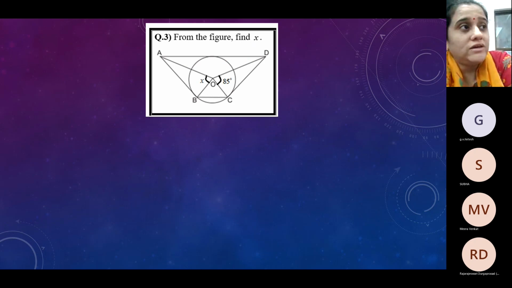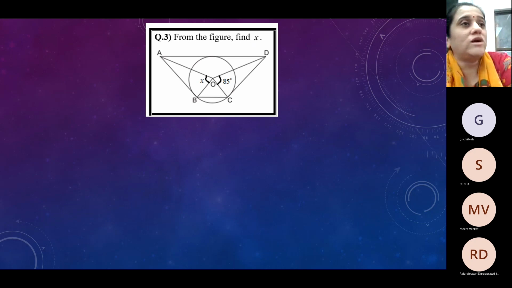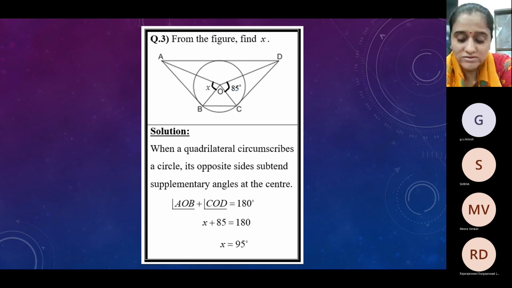The sides of the quadrilateral are tangential to the circle because every side of the quadrilateral acts as a tangent to the circle. See AB. The circle is outside? The figure is incorrect, but I'm talking about something.